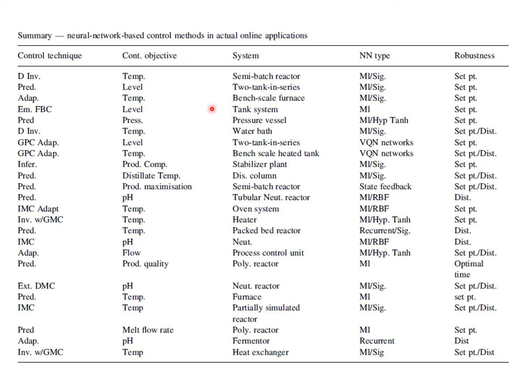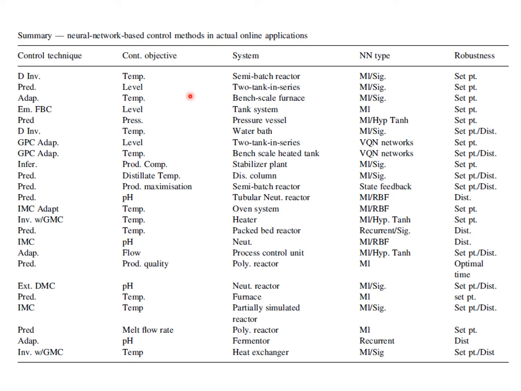Sometimes just the model itself, like in the model predictive method. Sometimes the model itself in the adaptive method. Sometimes using the inverse model and the model in the direct adaptive method, or just the controller itself in the direct inverse control method, or using the model and the controller in the IMC sort of strategies that we have mentioned before.